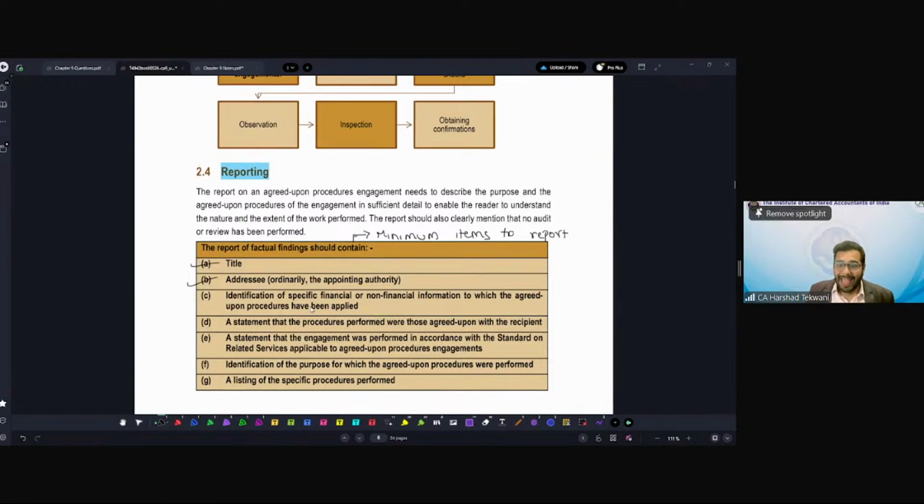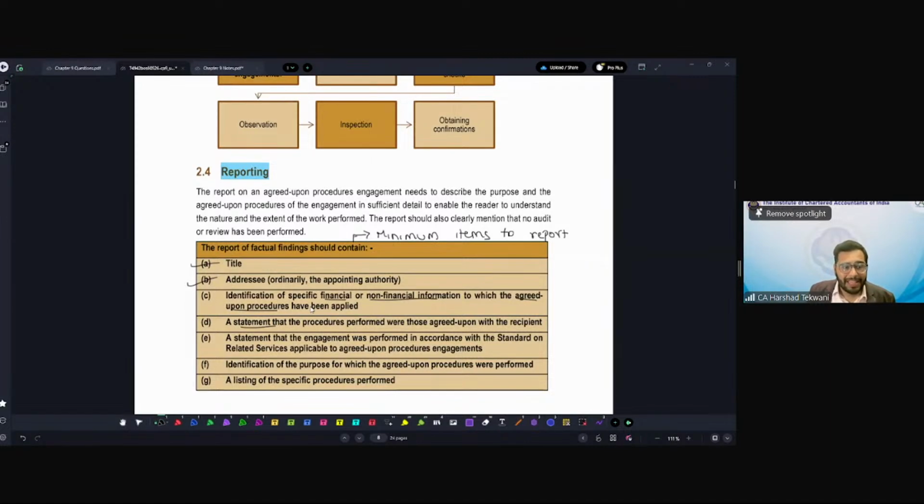Then you need to specify the financial or non-financial information upon which the agreed upon procedures will be performed. So the information on which you will perform the agreed upon procedures, the identification of that particular financial or non-financial information.